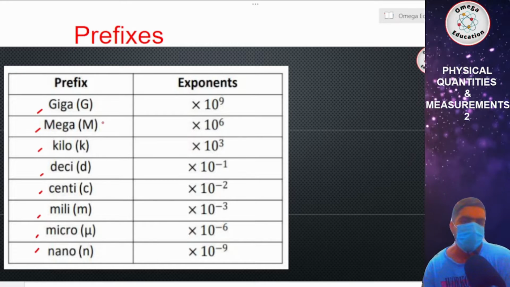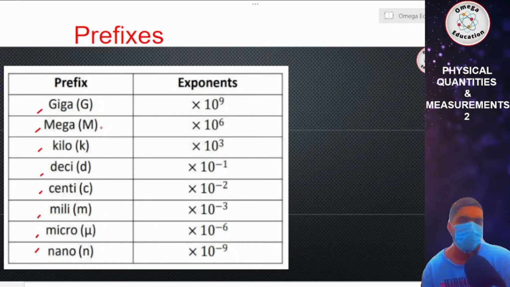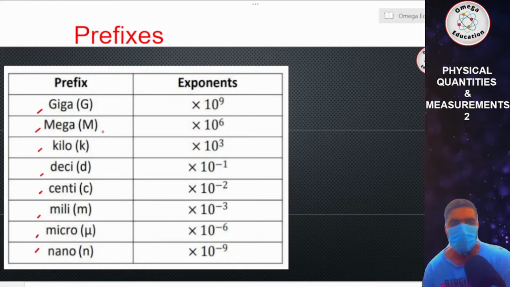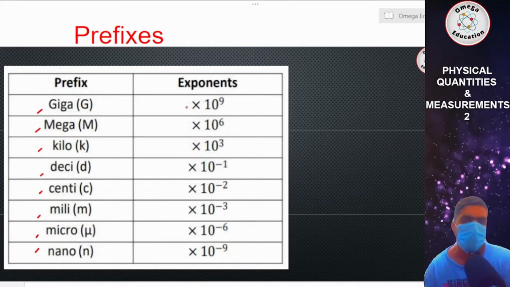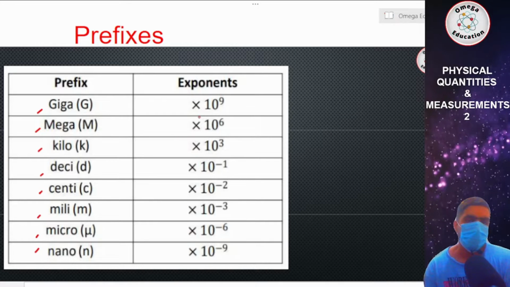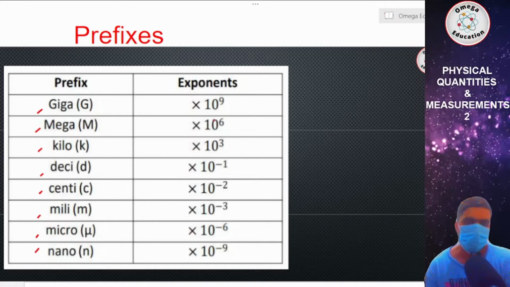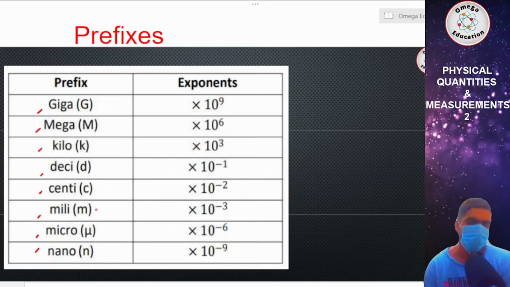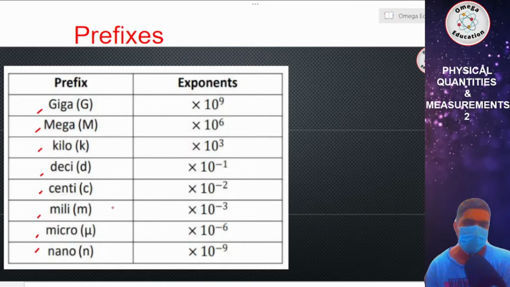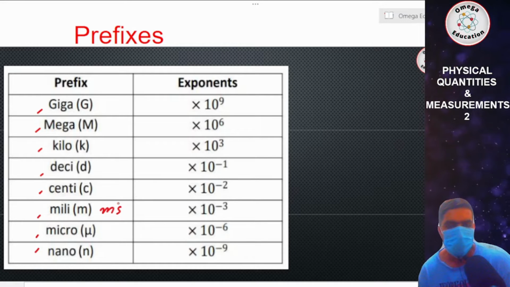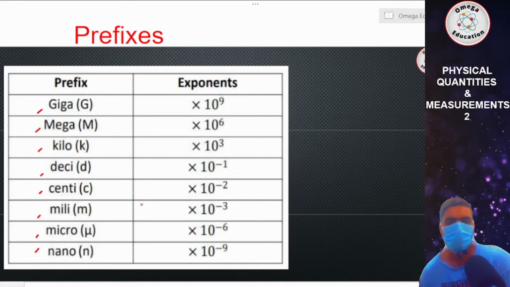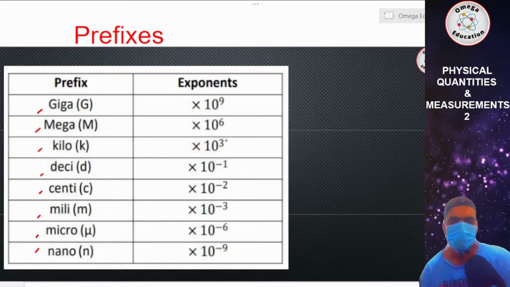So if in a certain quantity they have written capital M, then it corresponds to mega, and the exponent 10 raised to the power 6. If it's written small m, then it would be representing milli, and the exponent would be 10 raised to the power minus 3.